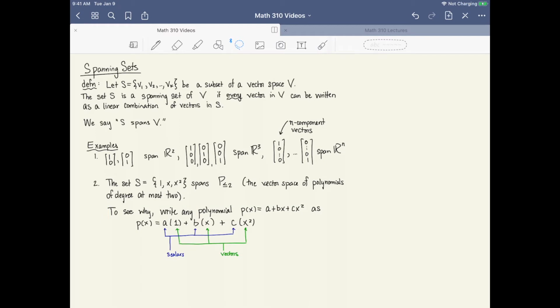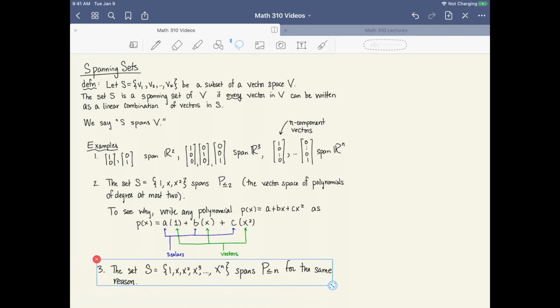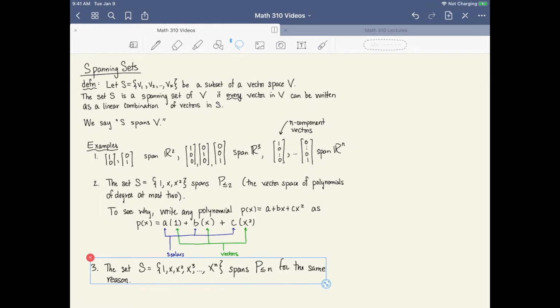A generic polynomial p is something of the form a plus bx plus cx squared. So this is the scalar a times the vector 1 plus the scalar b times the vector x plus the scalar c times the vector x squared, all added up to give us this polynomial. By similar reasoning, you can see that the set consisting of 1, x, x squared, and so on out through x to the n spans the vector space consisting of polynomials of degree at most n.